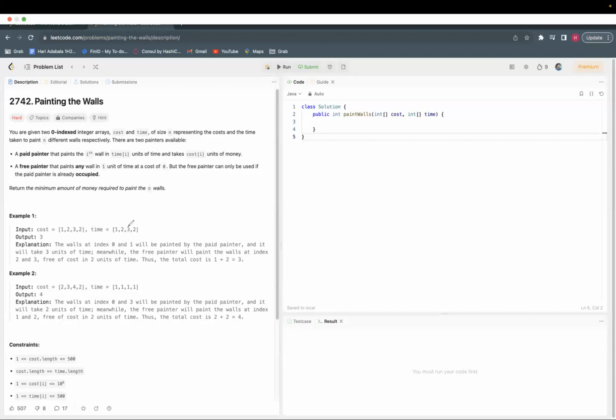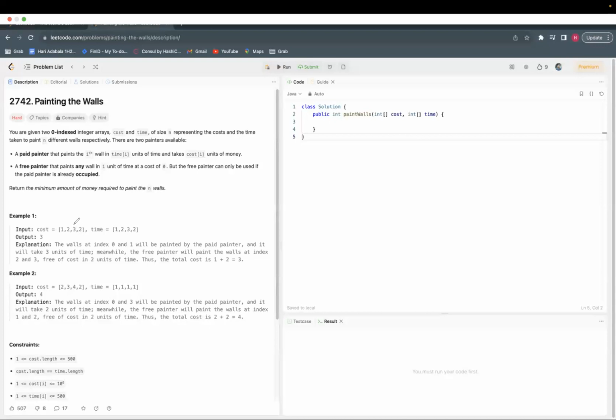Now, how can we do it? If you are thinking of any greedy solution, like sorting the array and painting it, this depends a lot on the earlier state of the painters.